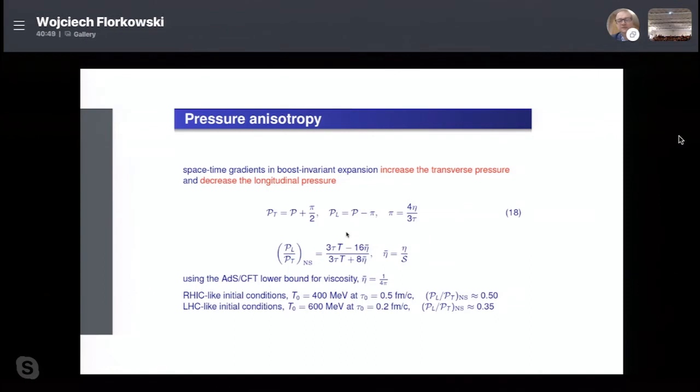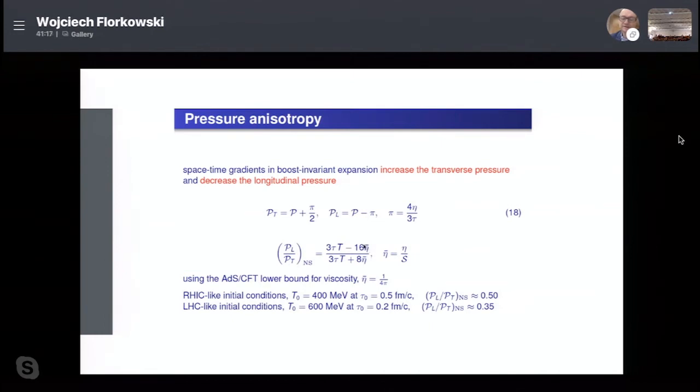If we assume Bjorken expansion, we can calculate using the Navier-Stokes expression the ratio of the longitudinal pressure to the transverse pressure, and the effects of the longitudinal gradients make the longitudinal pressure lower compared to the transverse pressure.